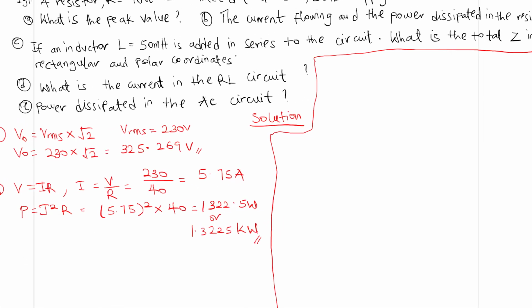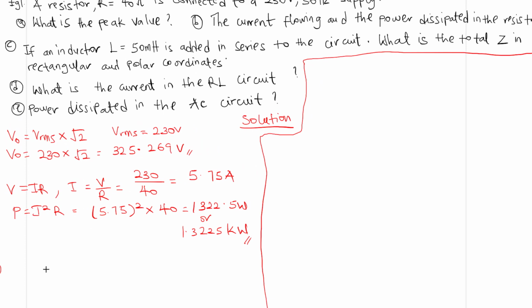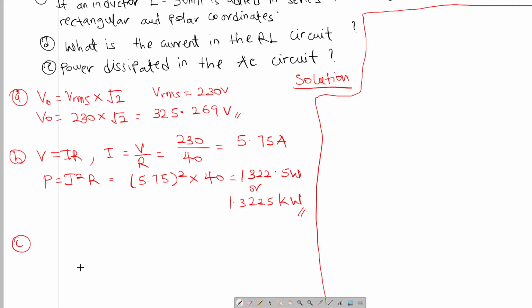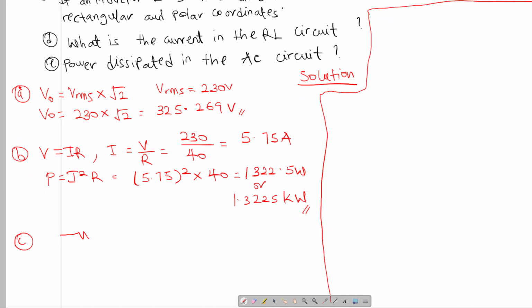So C says that if an inductor is added in series to the circuit, so the original circuit we have is a resistor. The question says if we add an inductor in series with the resistor, what will be the total impedance across our supply voltage.